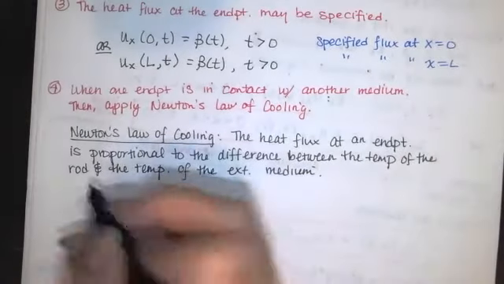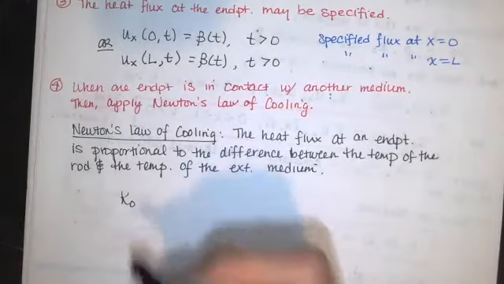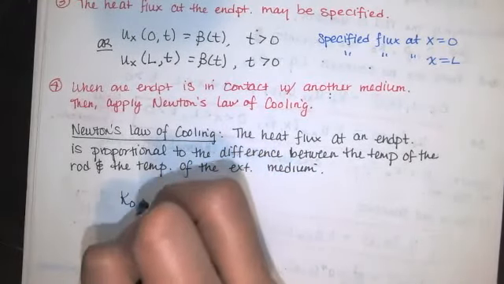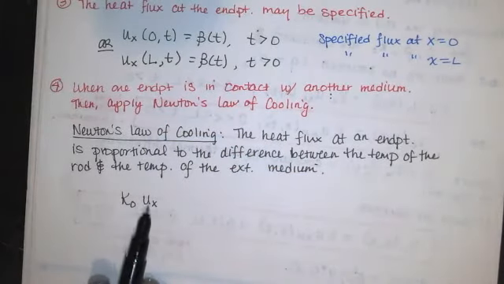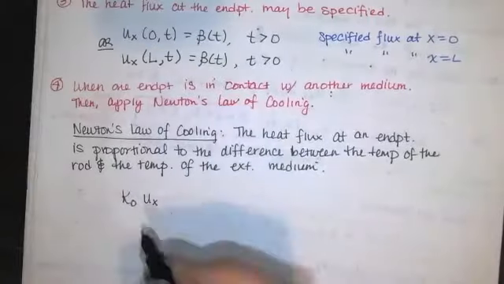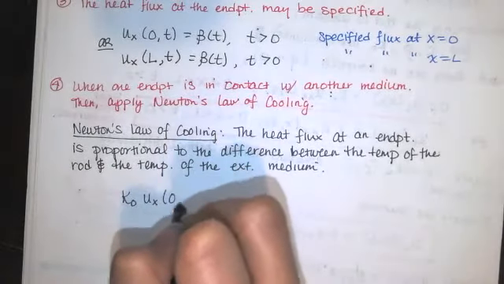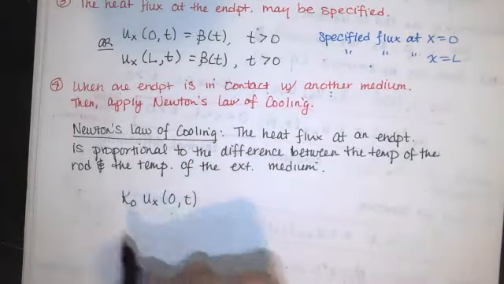So heat flux, remember, was thermal conductivity, which we're assuming to be constant. We're assuming that rod is uniform, times the partial derivative of our temperature with respect to our spatial variable x. If the heat flux is specified at x equals 0, that's how we would represent it.